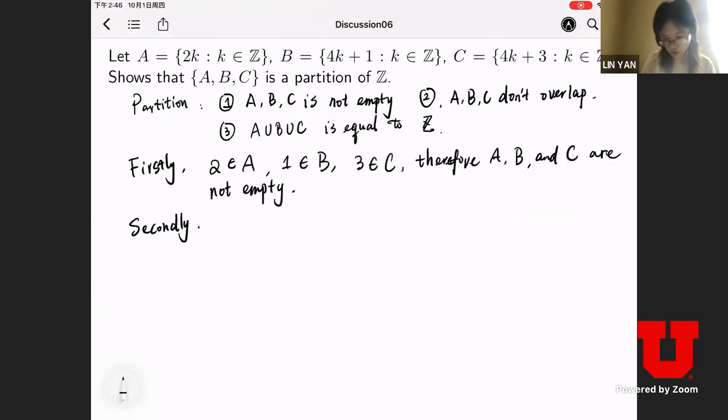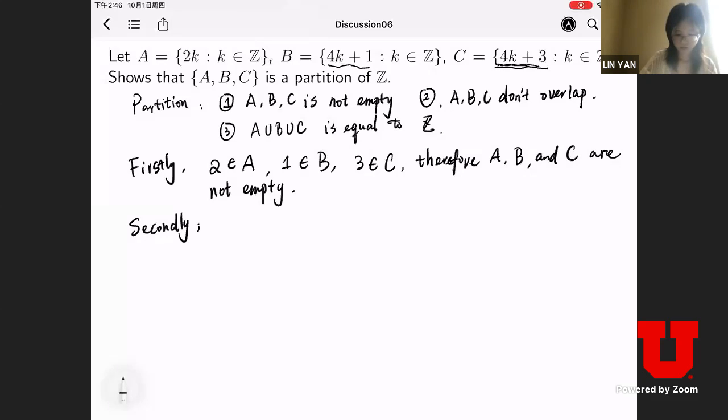Secondly, you need to show A, B, C don't overlap. You can take a look at B and C. It is very like the format that comes from the integers divided by 4.